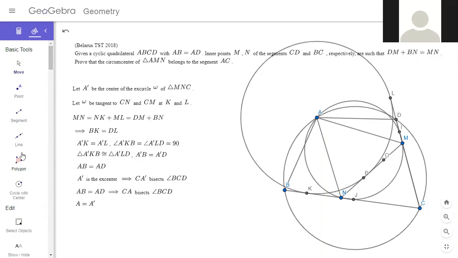Yeah, I can see. The in-center, excenter lemma with respect to triangle CMN.